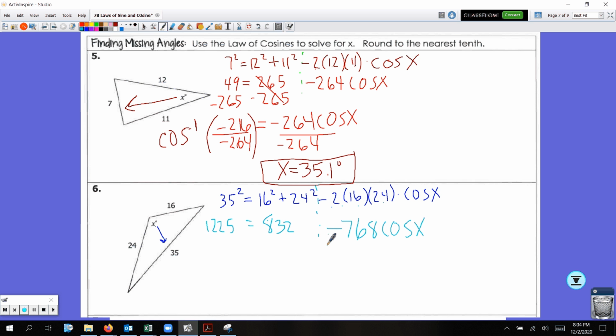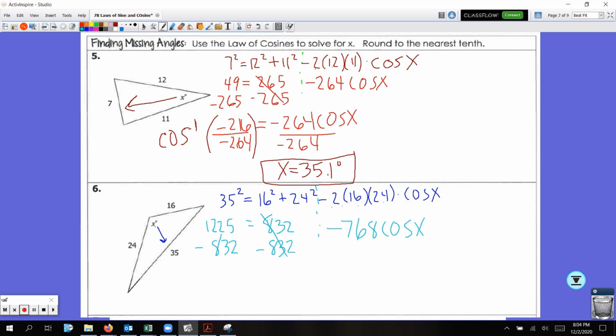All right, we separate this because I don't want you adding this into anything, right? This is multiplication. In order to get cosine x by itself, we have to divide this coefficient. But we do want to subtract this 832 over because that's how we solve equations. We start with addition, subtraction, and then we work our way down the chain.